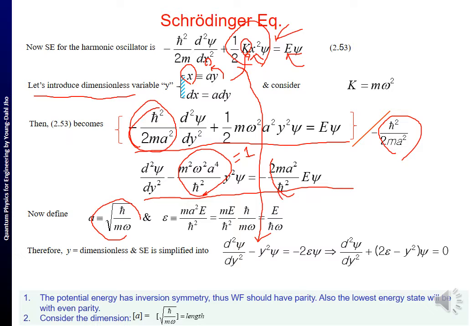Let's set epsilon equal to m a squared E over h bar squared, applying the definition of a here. Then we have this instead of a, then h bar subtracts with each other, m subtracts with each other, then energy divided by h bar omega.